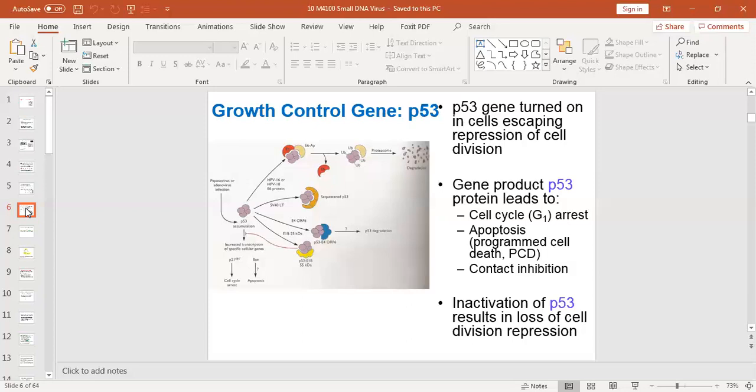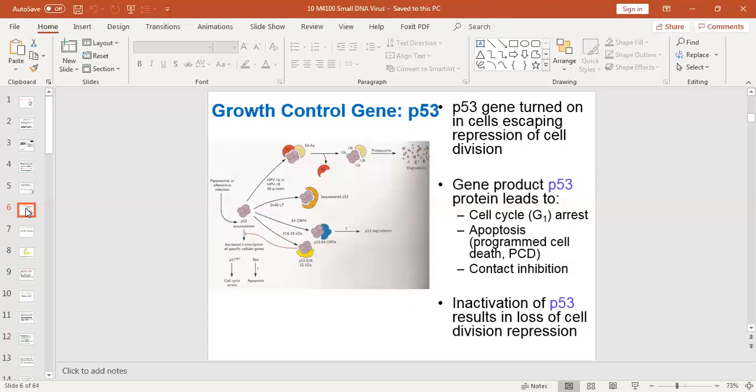And the third is contact inhibition. Logically, inactivation of P53 results in loss of cell division repression. In other words, if P53 is mutated or inactivated, the cells grow uncontrollably.